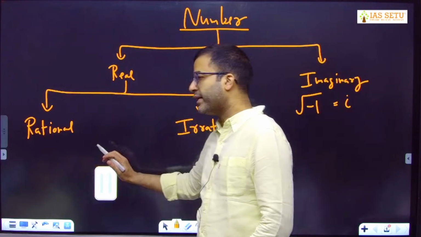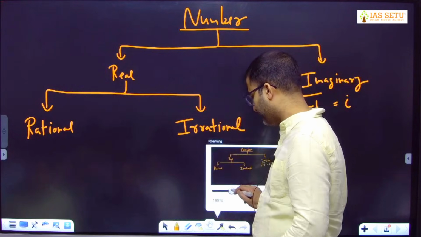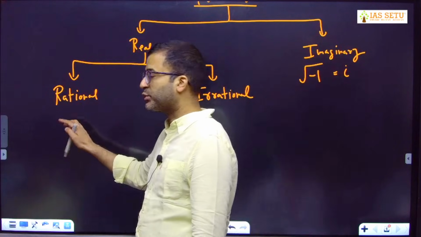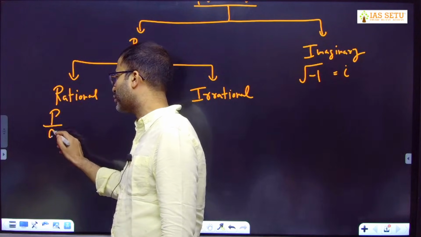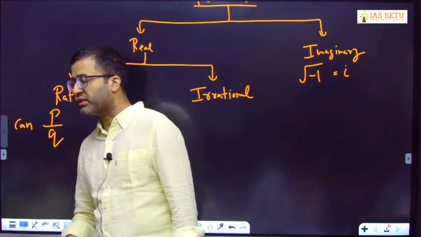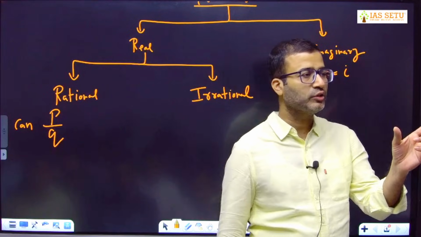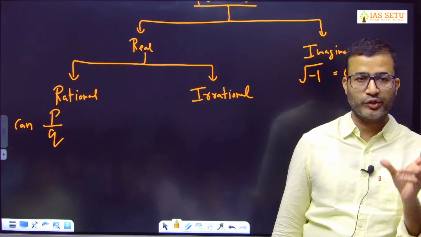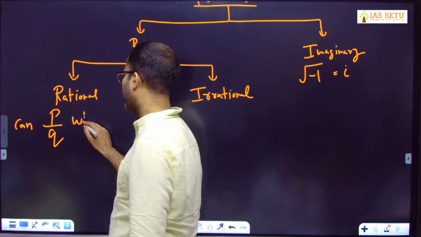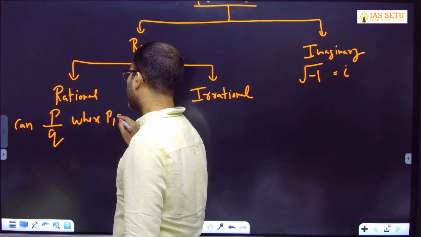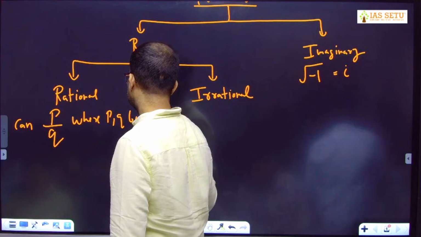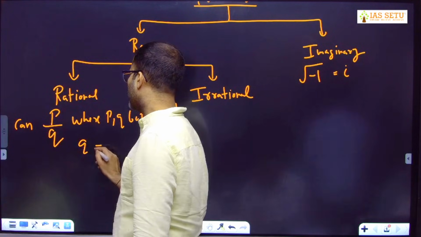So now here I tell you what is the definition of rational number. What are rational number? We can express this in the form of P by Q, means like numerator upon denominator, where P and Q both integer and Q is not equal to 0.